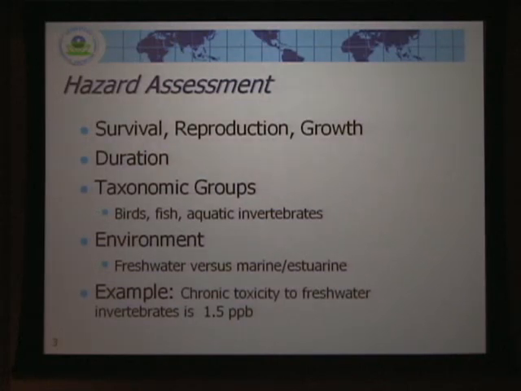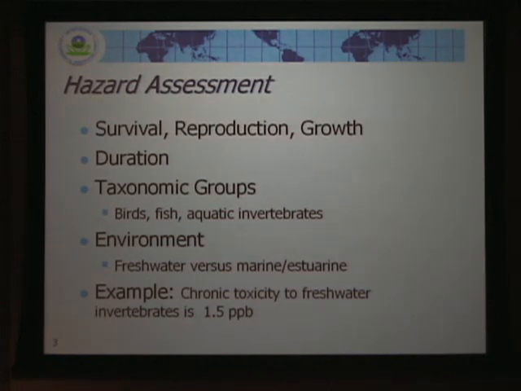We look at a variety of taxonomic groups. I talked about that in the previous study: birds and fish and aquatic invertebrates. And we also look at the different kinds of environments that this could occur in: terrestrial environment, or we could be talking about freshwater environment or marine environment.